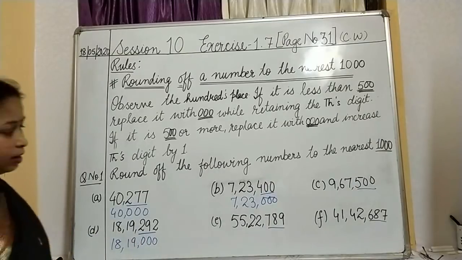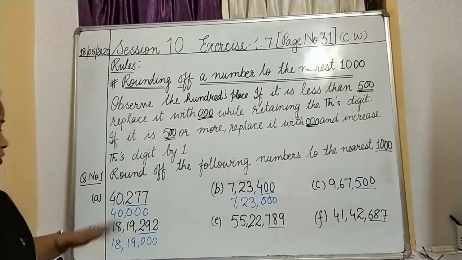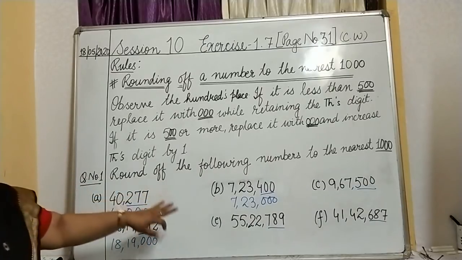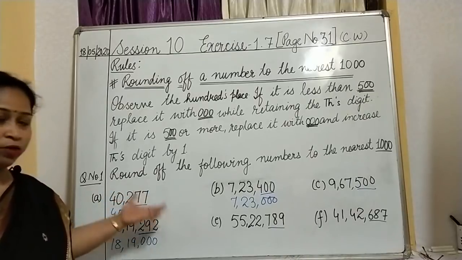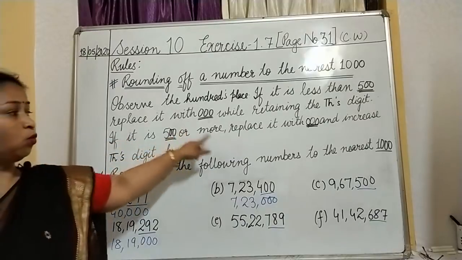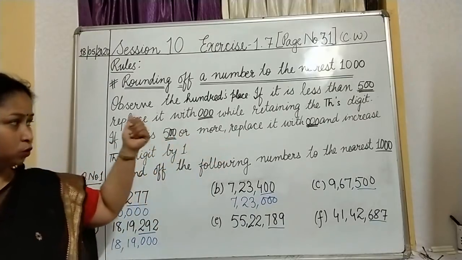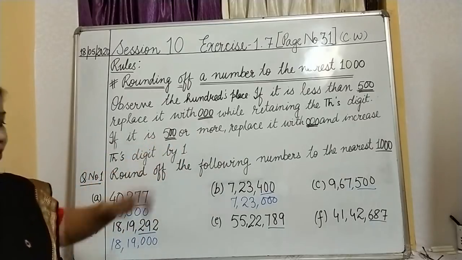Then here it is 789, more than 500. So out of the 6 sub-questions, 3 questions were there where the digits were less than 500. Fine, we have done it together. Then if it is 500 or more than 500, then what? Replace it with 000 and increase the 1000 digit by 1.